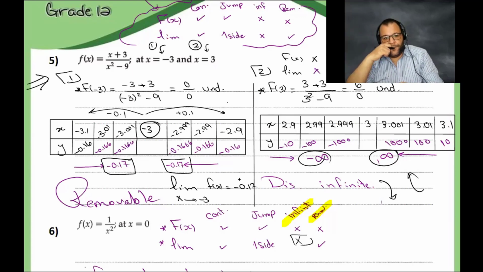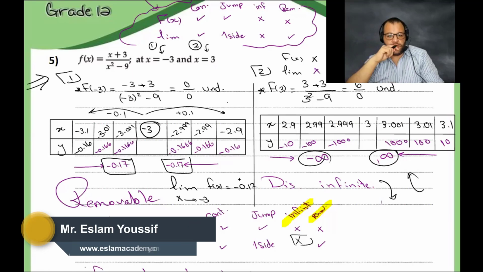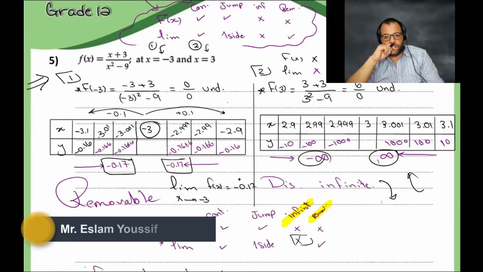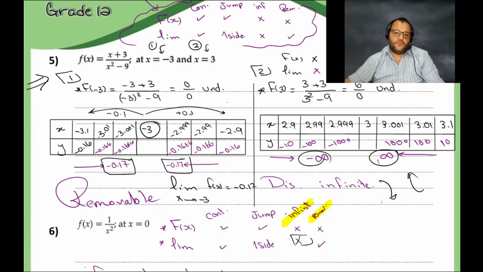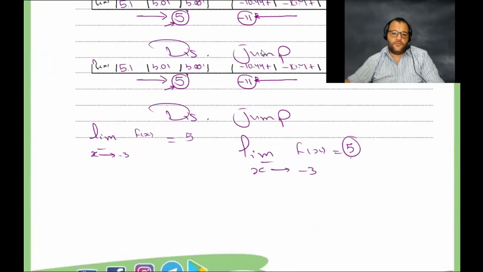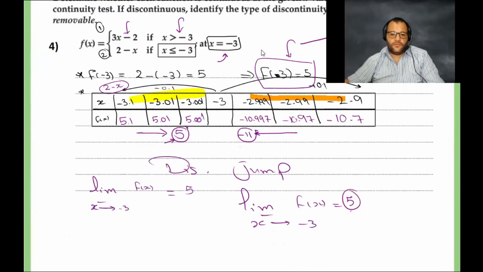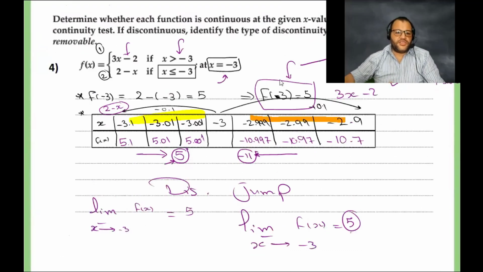And sir, when is it a jump? Like if it's approaching from one side and not the other side. One side, but there is a value for the function. Jumping, there is a value for the function. So if it was negative 0.17 on one side and positive 0.17 on the other, would it be a jump? By substitution for question number 4, if you study the previous lesson, you will know.